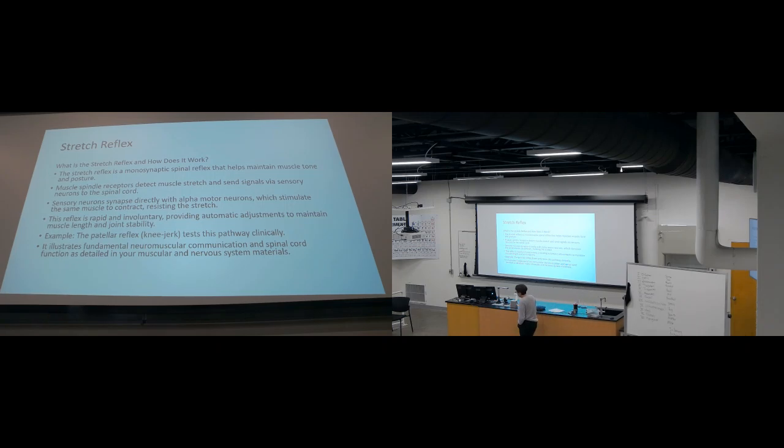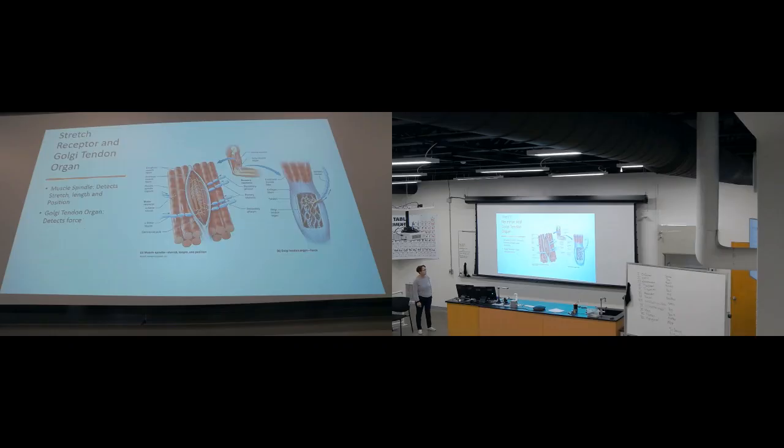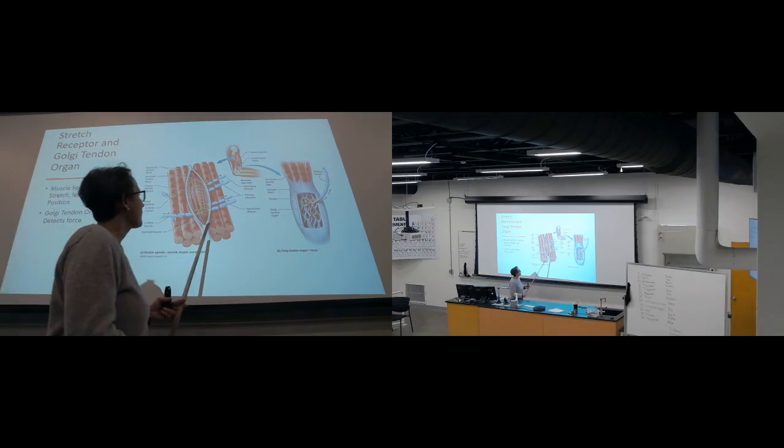With the knee jerk, you're not only testing these different components, but also looking at the integrity of the spinal cord at the level of L3. So here are the components of this stretch reflex.